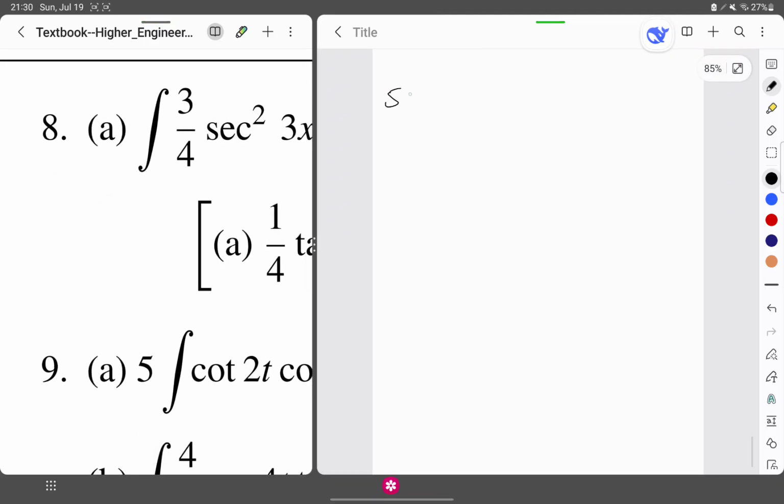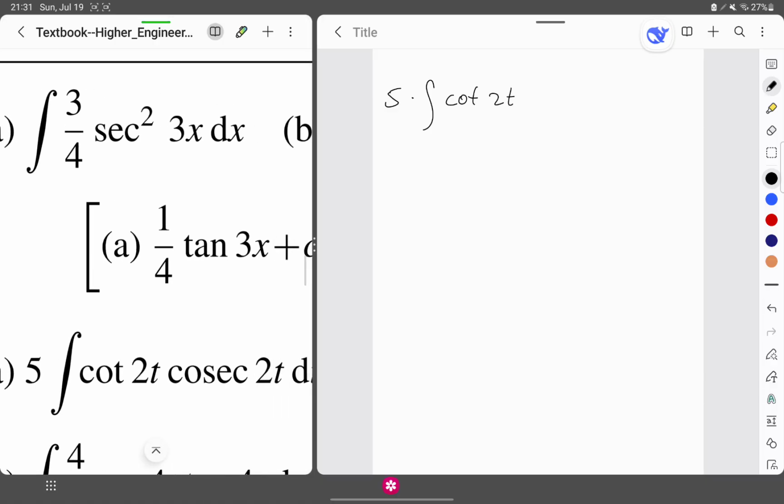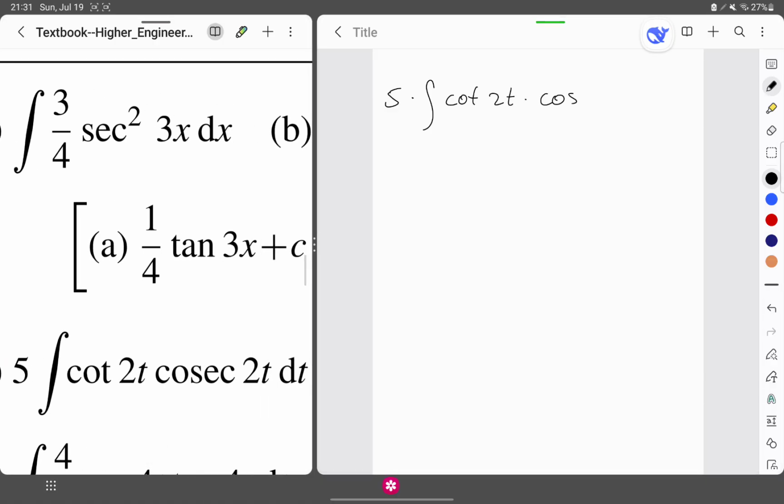5 times the integral of cotangent 2t times cosecant 2t dt. Okay, we need to simplify it.